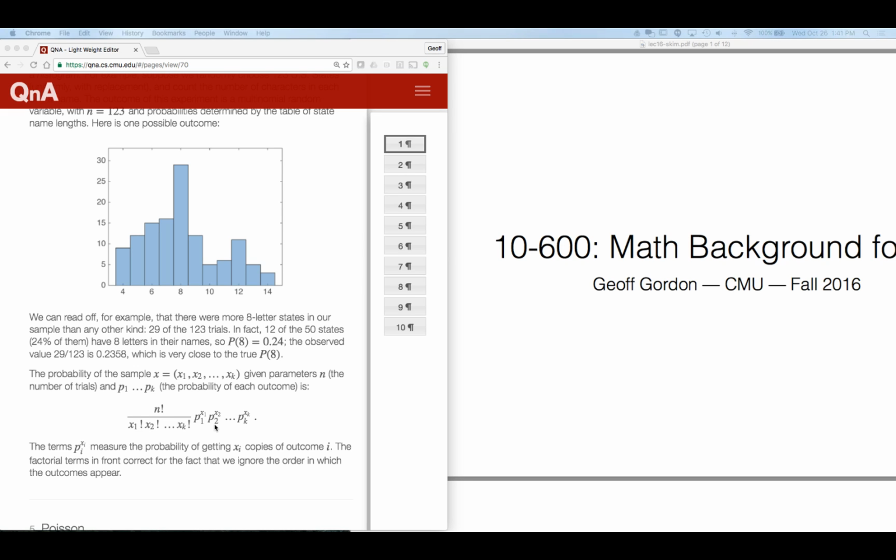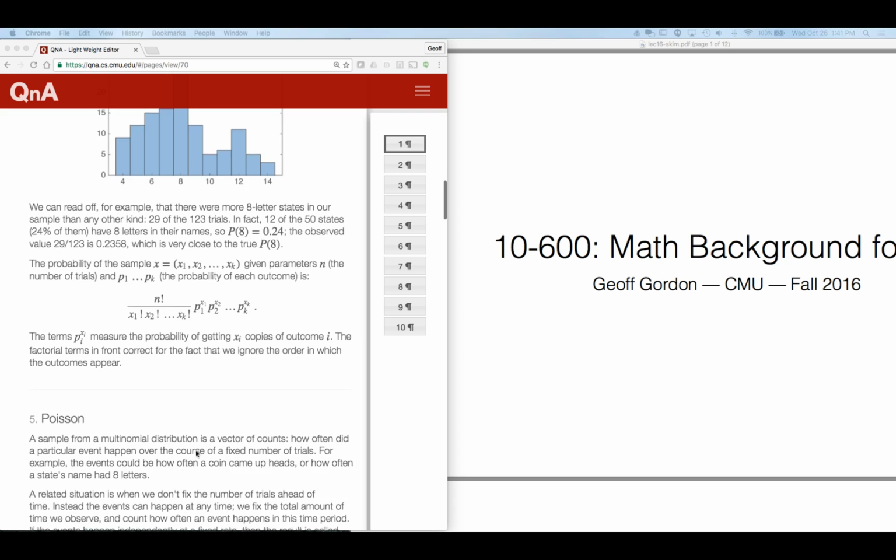That tells you how probable it was to get xi copies of outcome i. But then there's this correction term that involves a bunch of factorials that basically corrects for the fact that we are ignoring the order in which we get the outcomes. We could get all of the outcome 1s first, or we could get 1, 2, 1, 3, 2, 1, right? And those lead to the same sample because we're just counting the total number of occurrences.